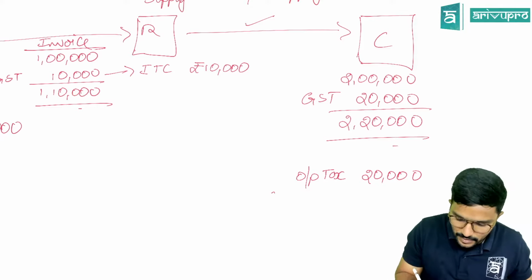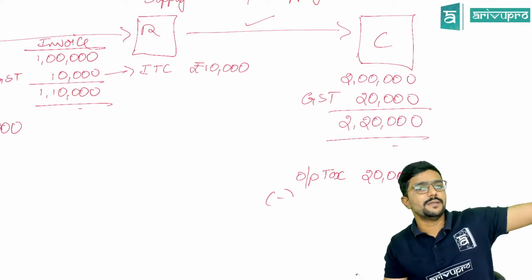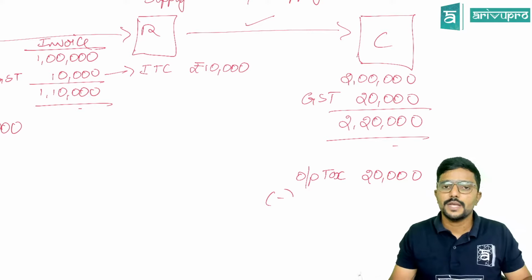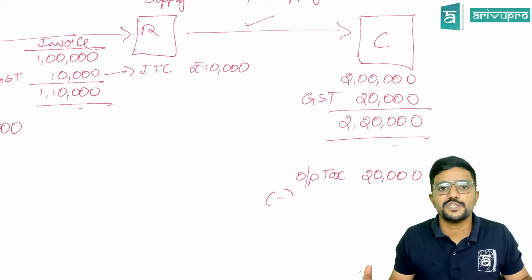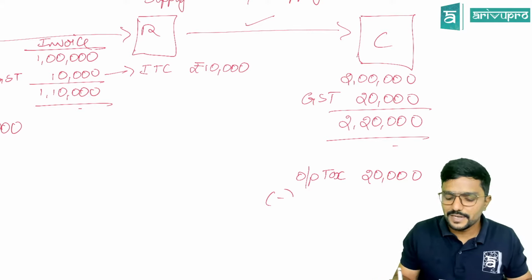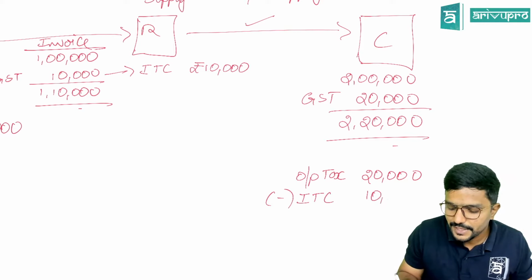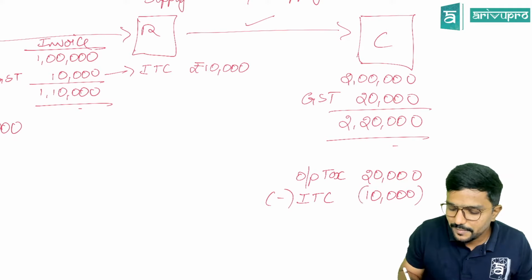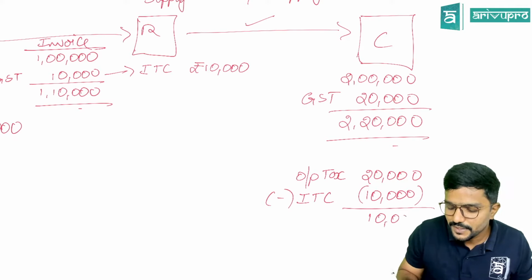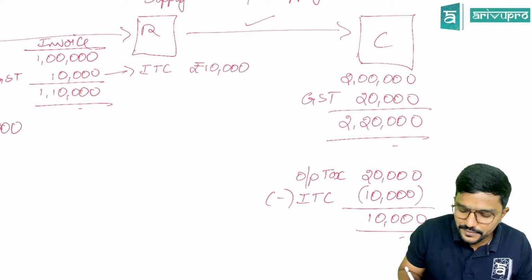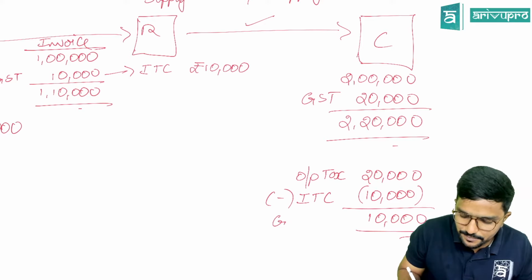Now, on my inward supply, I have paid an input tax of 10,000. There are certain conditions and restrictions which you have to satisfy. If you satisfy them, you can claim a credit of it, the input tax credit. How much? 10,000. And only the remaining 10,000 you will pay to the government. That is what we call GST payable in cash.